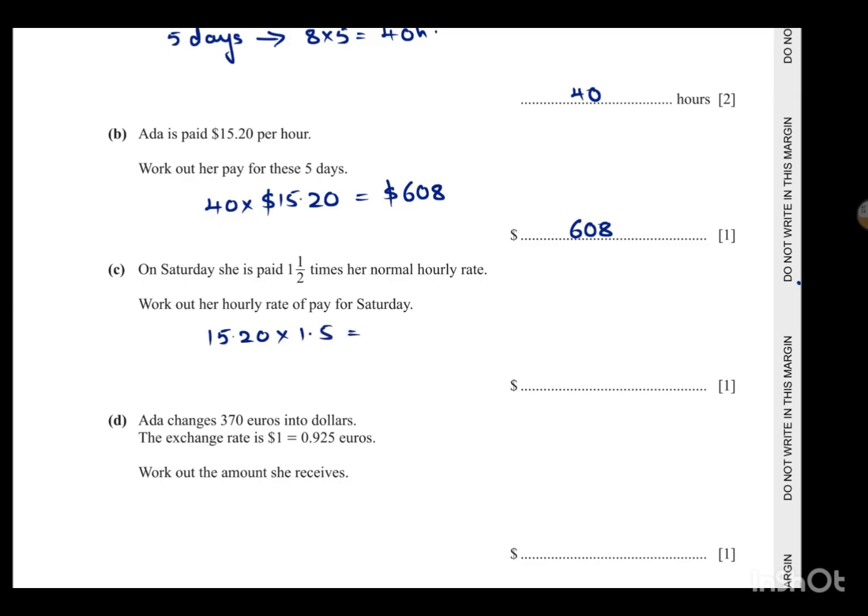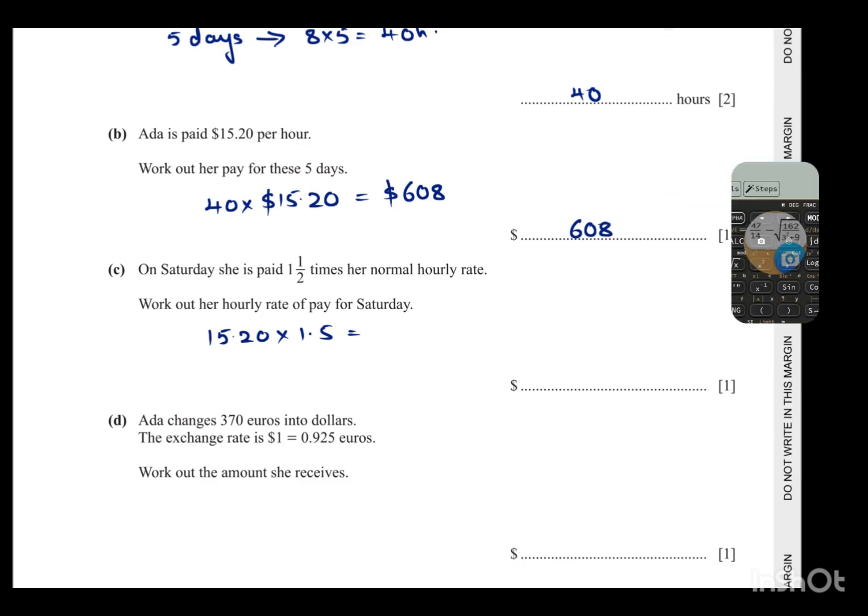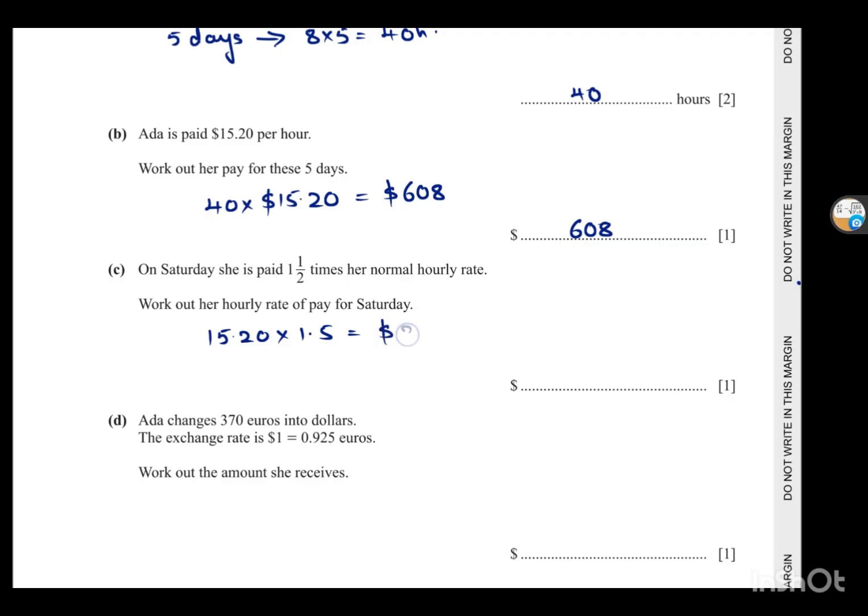You will get the answer, 22.8. So she will be paid 22.8 per hour on Saturday. Since it is a question related to money, you will have to add one more decimal, that will be the better answer.